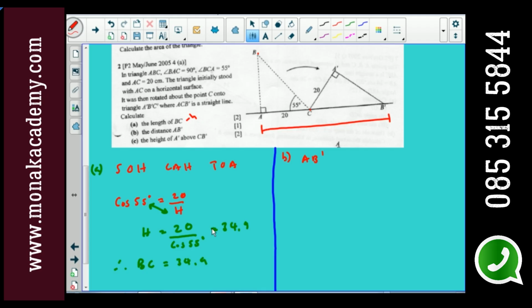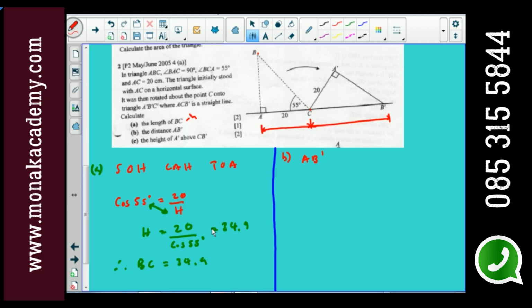Do we know this distance from C to B complement? Don't we? But doesn't it have to be 180? Because we're not talking of angles, we're talking of distance. It's 34.9, because we know it's the same triangle that was just twisted around, right?